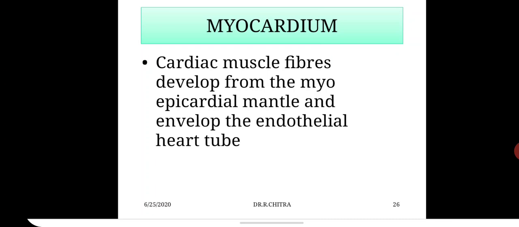So we have seen in this class the development of the interventricular septum, development of the right ventricle, development of the left ventricle, development of the AV valves, development of the aortic and pulmonary valves, and also the development of the ascending aorta and the pulmonary trunk. So we will continue with the congenital abnormalities of the heart in the next section.